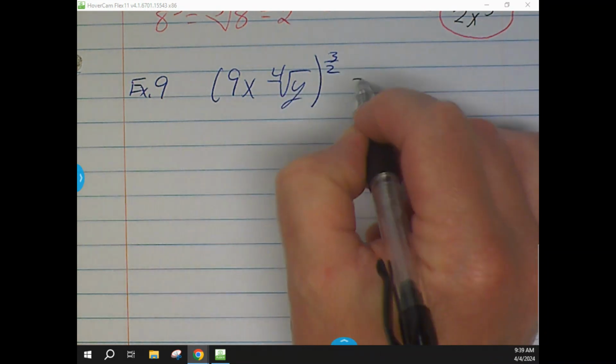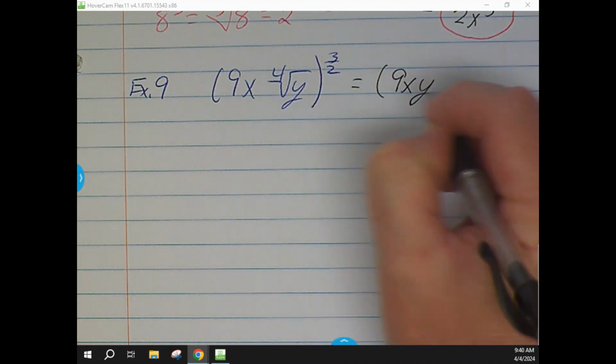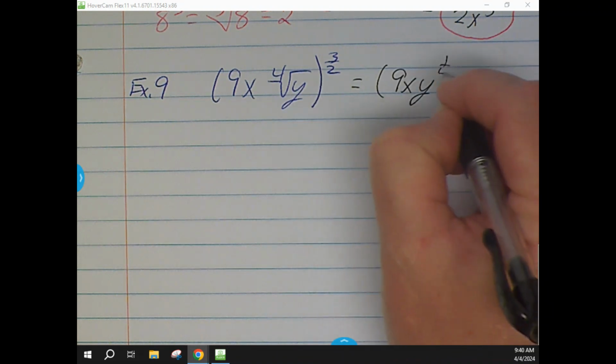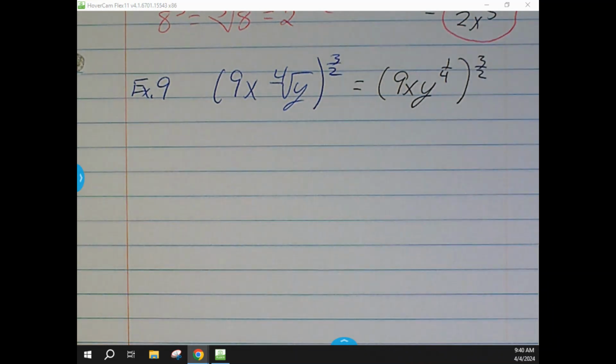The very first thing is, let's take this radical on the inside and rewrite it in exponential form. So instead of the 4th root of y, let's make it y to the 1/4 power.